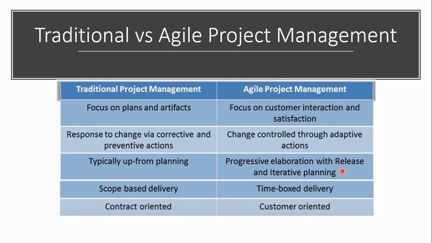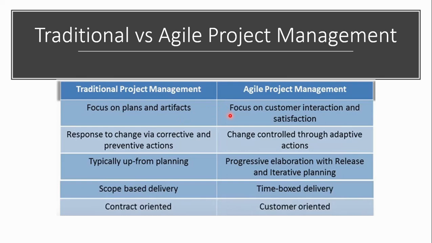So just to recap again, in traditional project management, yes, we understand, we generally focus on plans. We give more effort to planning in the project, the scope, and artifacts, the project documentation.